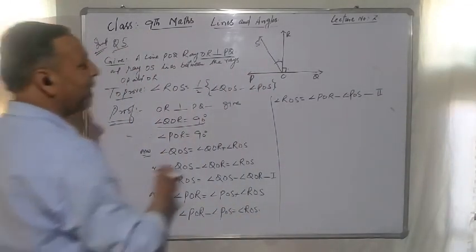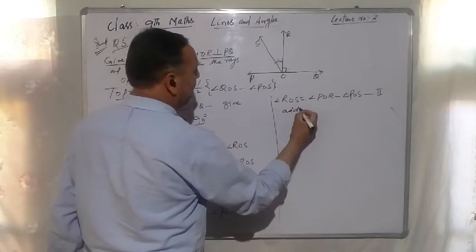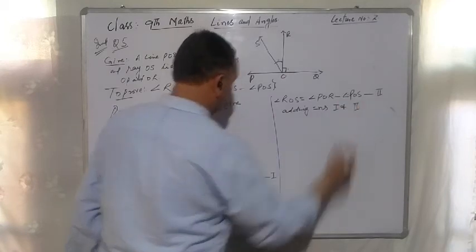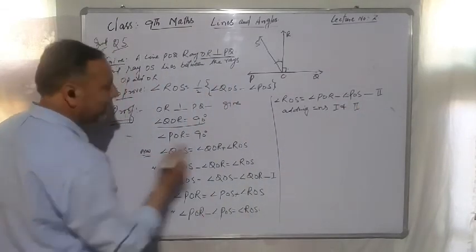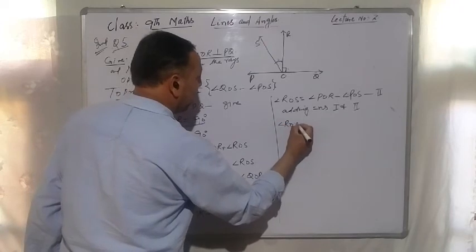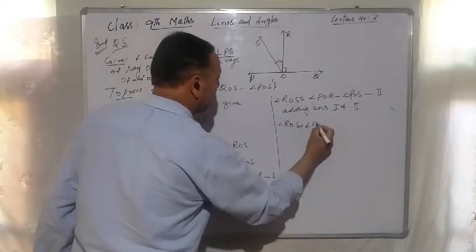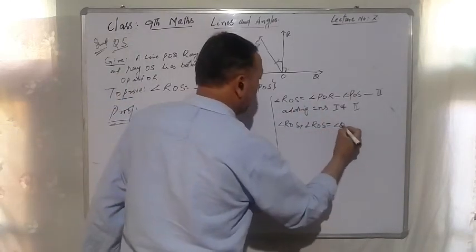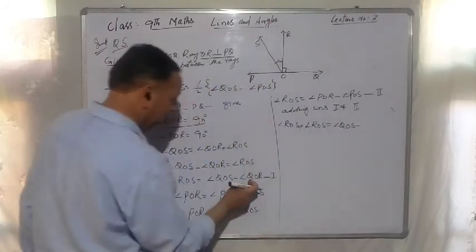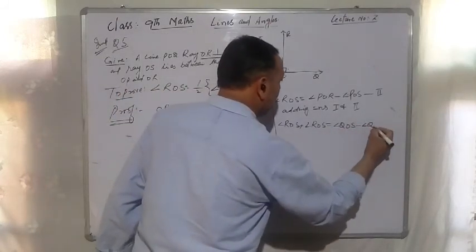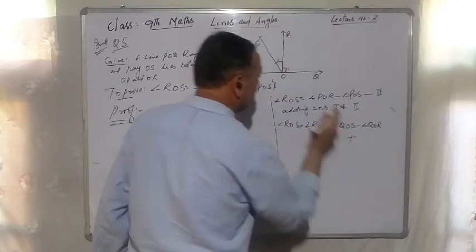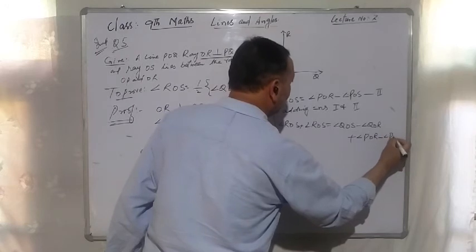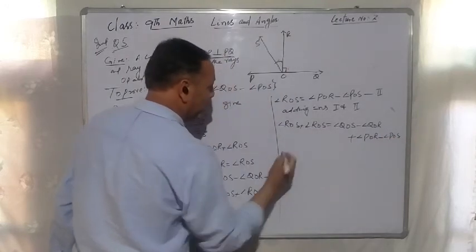Now adding first and second. Add the two equations. We have angle ROS plus angle ROS is equal to angle QOS minus angle QOR plus angle POR minus angle POS, or ROS plus ROS.